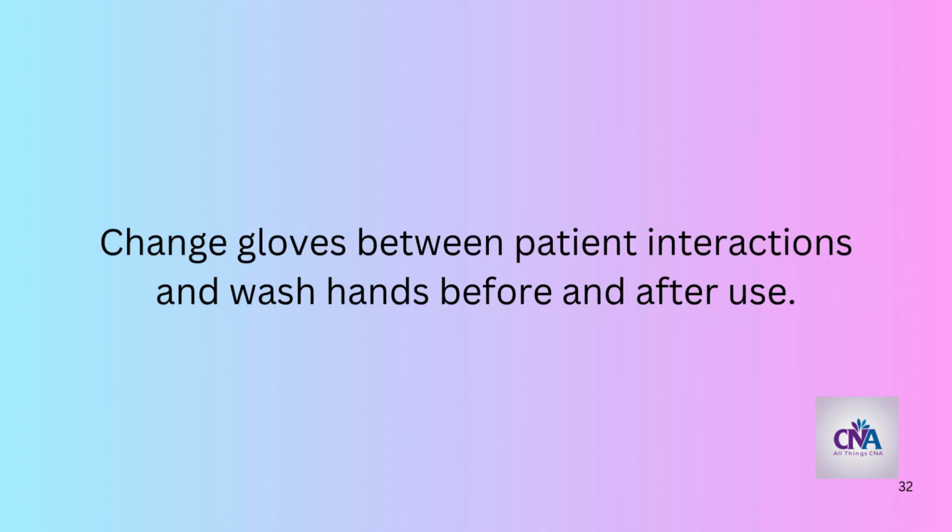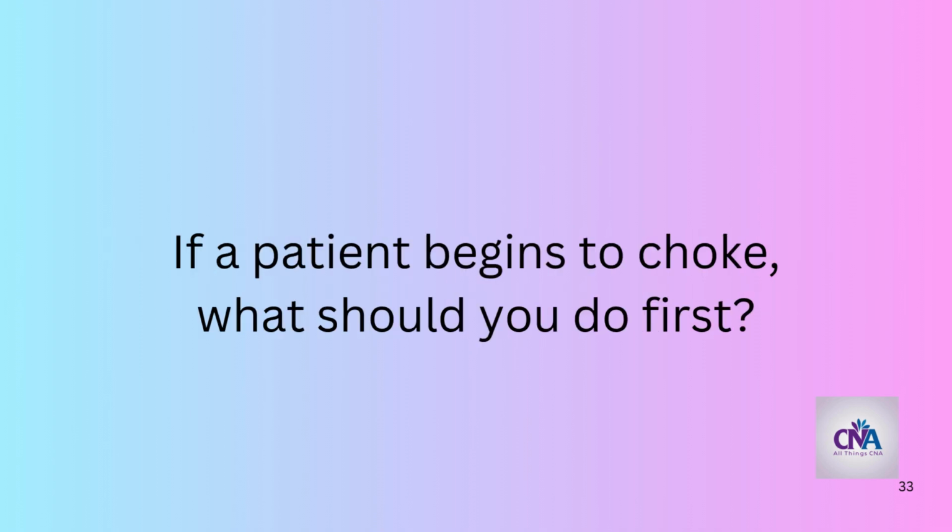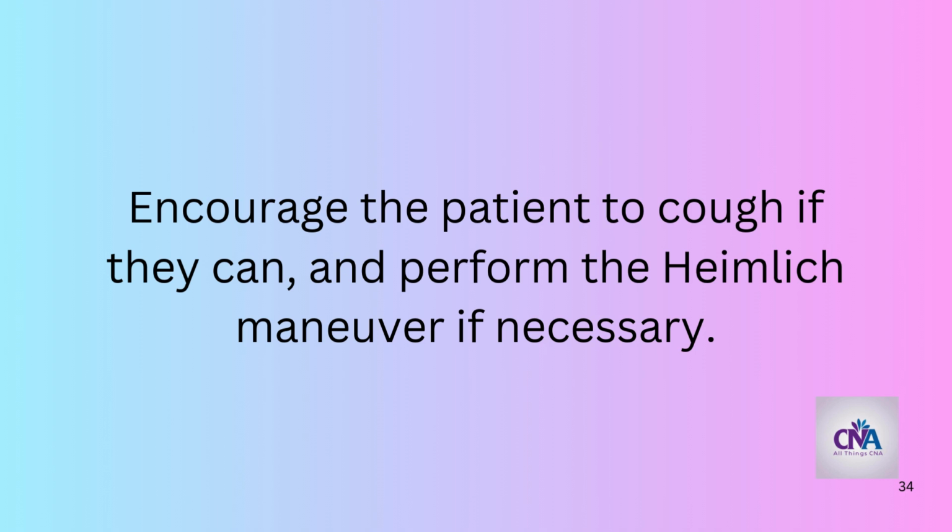Answer: Change gloves between patient interactions and wash hands before and after use. Question: If a patient begins to choke, what should you do first? Answer: Encourage the patient to cough if they can and perform the Heimlich maneuver if necessary.